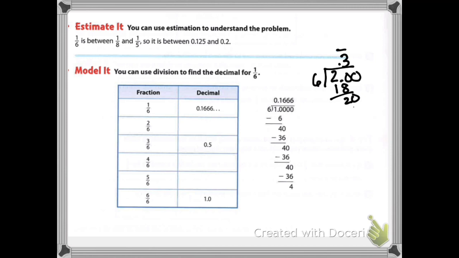So here I've got 0.3 repeating. On the next one, I've got 4 divided by 6. That goes in there 6 times, 36. Here again, it's going to start repeating, so I've got a repeating 6.